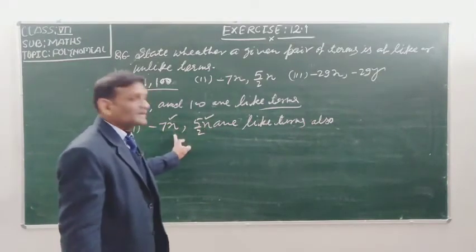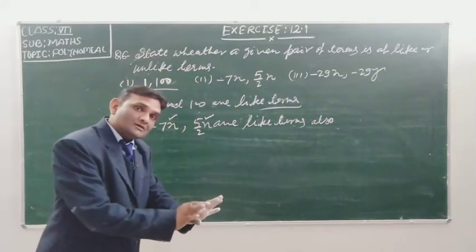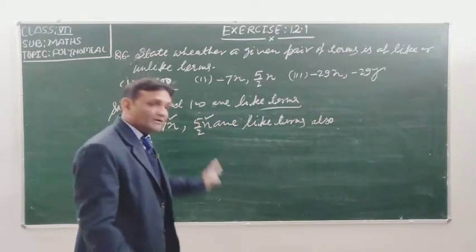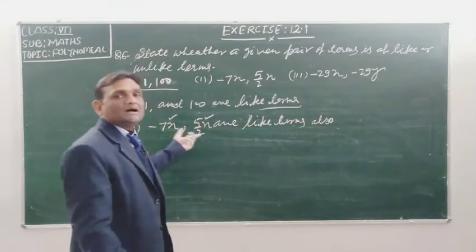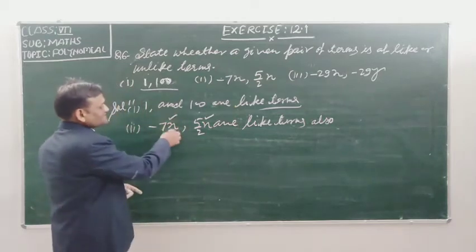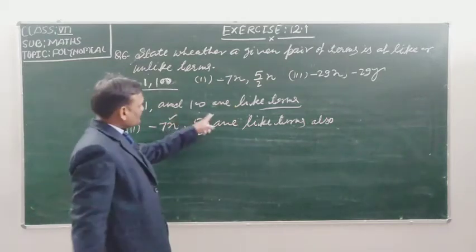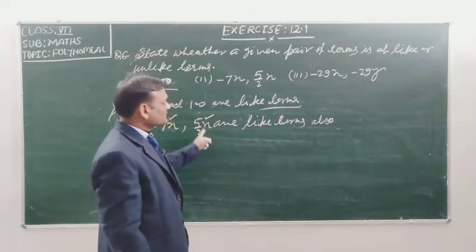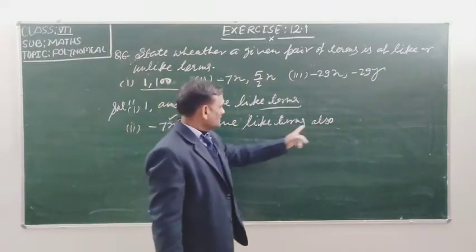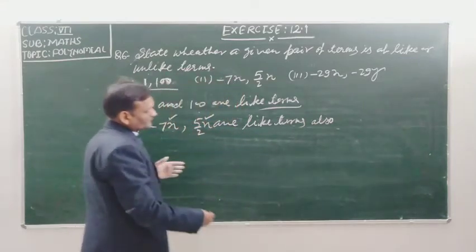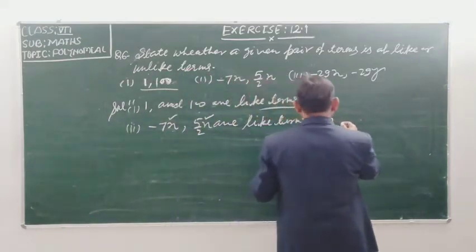If algebraic factors are same, that is like terms. But if the algebraic factors are not same, that is unlike terms. So the algebraic factor of minus 7x is x and of 5 upon 2x is x. So both terms are like terms. You can write the reason.